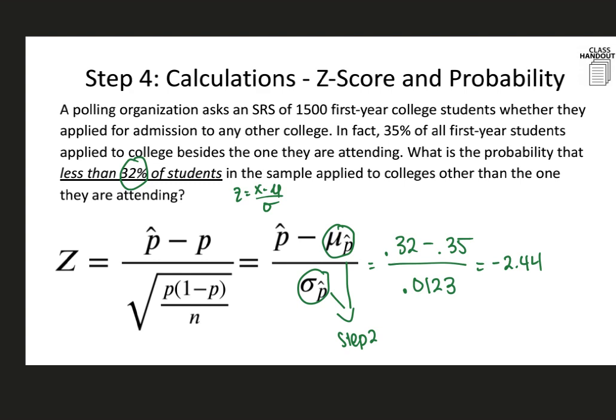The other thing we need to do in order to find our probability is we have to look for keywords that tell us either less than or greater than. So in this problem, it does say less than. So we're trying to find the probability that z is less than negative 2.44, which means we can look up negative 2.44 in our z-score table and just use that value.